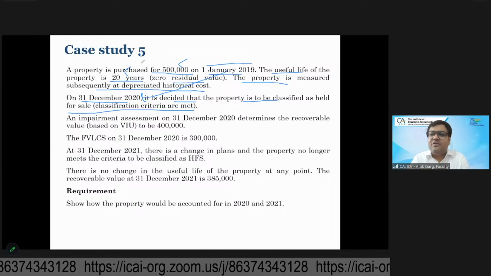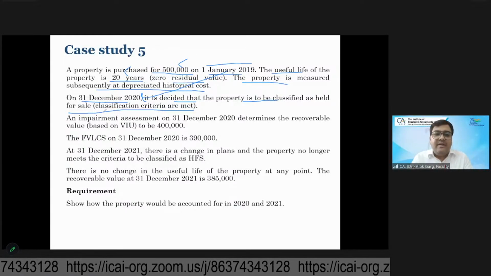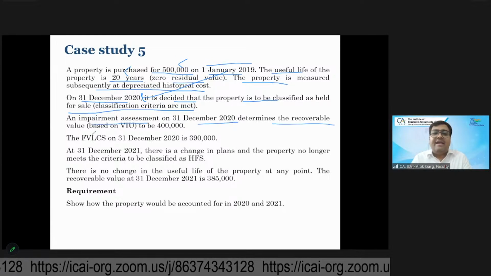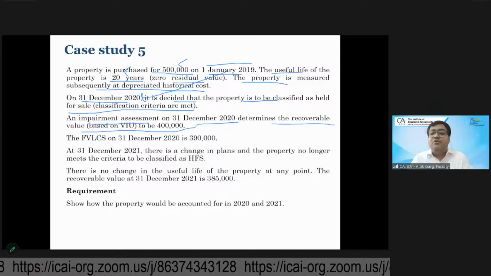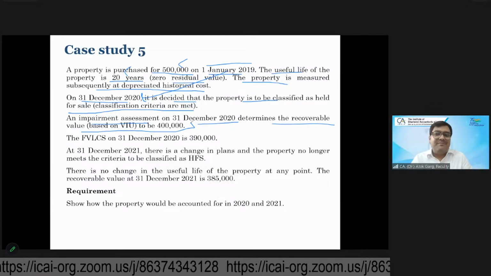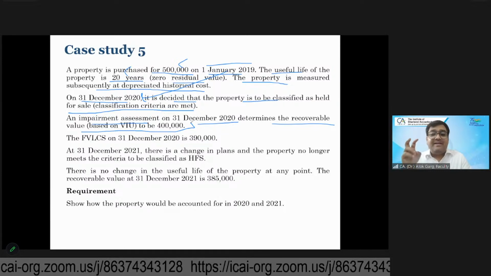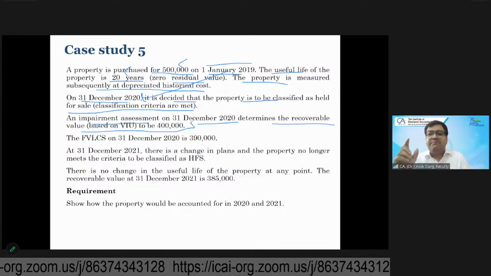Let me see if something is there for impairment. An impairment assessment on 31st December 2020 determines the recoverable value based on value in use to be rupees 4 lakh. What does it mean? In this question, there is an impairment also. So cost minus accumulated depreciation minus impairment loss.